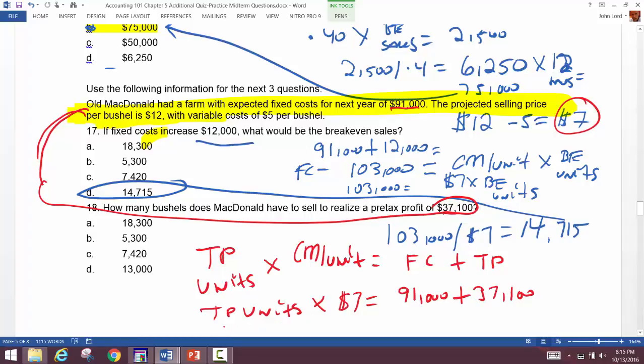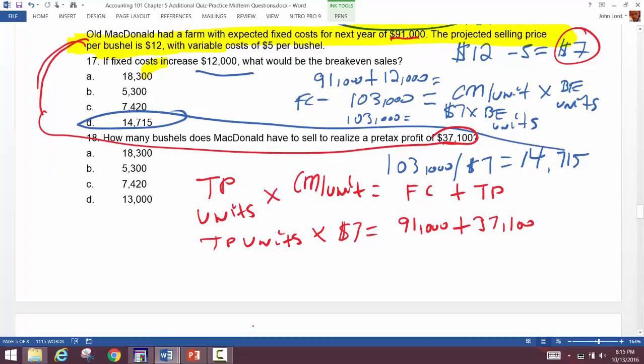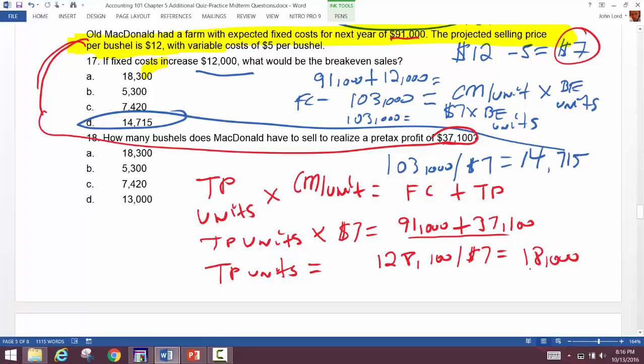Target profit units equals, what's the sum here? 128,100 divided by what? $7 equals 18,300? Okay.